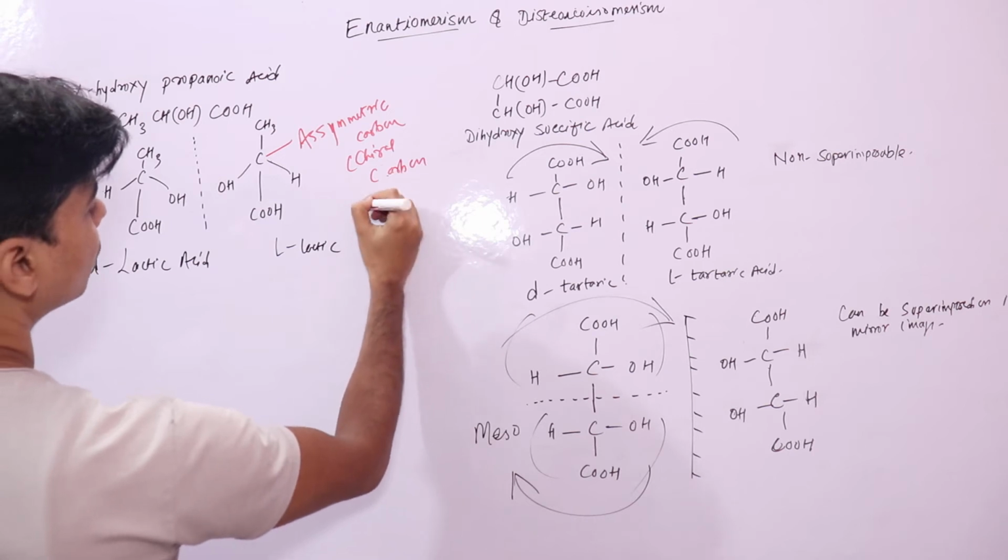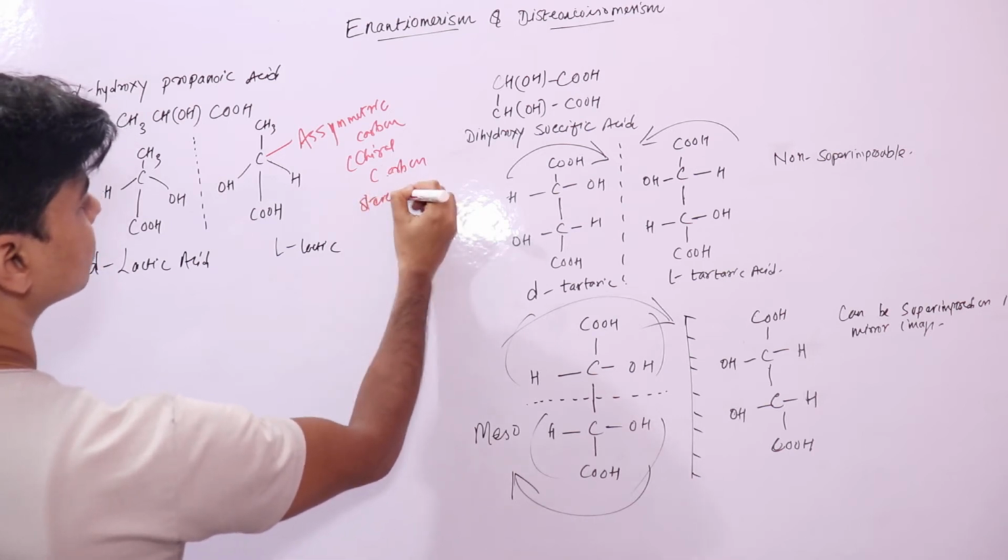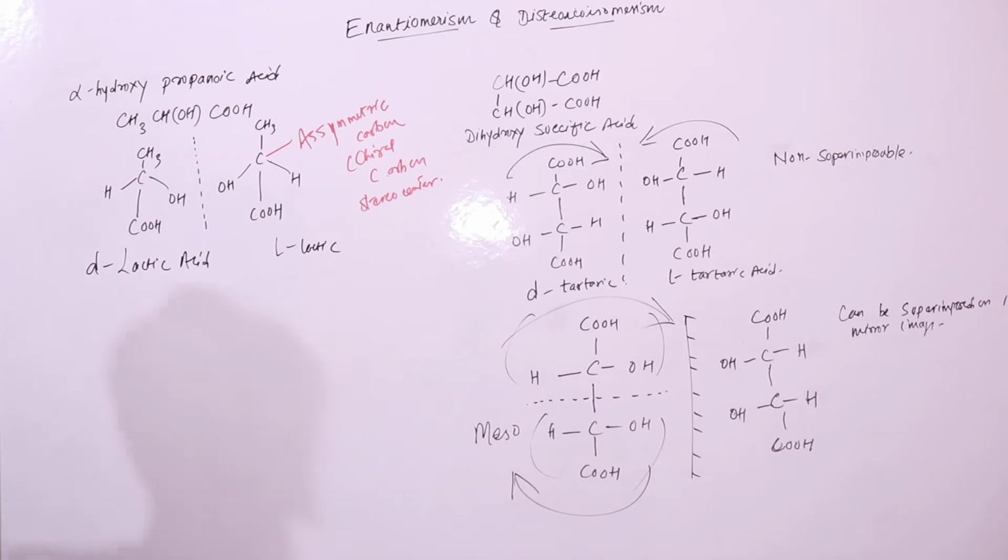We also call it a stereocenter. So when a molecule possesses chirality, it can exist in 2 non-superimposable stereoisomeric forms which are mirror images of each other. These forms are called enantiomers and the phenomenon is known as enantiomerism.